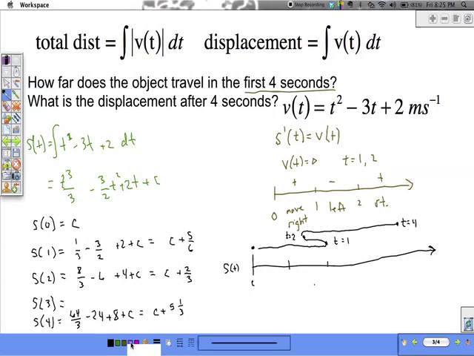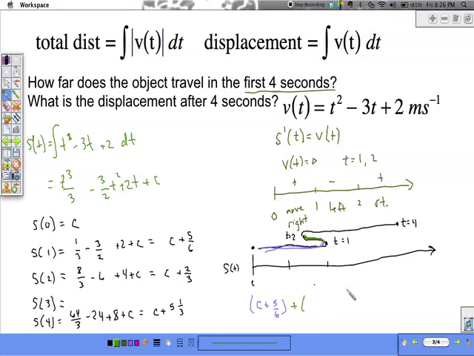Let's look at how much distance we've traveled. This first leg of the journey, we have traveled c plus 5/6. The next leg of the journey, between 1 and 2 seconds, I've traveled a distance.